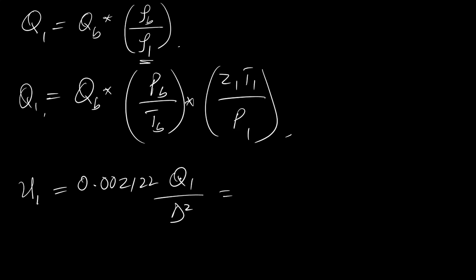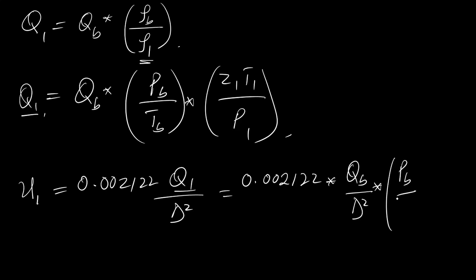So if we replace this Q1 here with this whole thing, you have 0.002122 times QB all over d square times PB all over TB times Z1 T1 all over P1. So that is it.